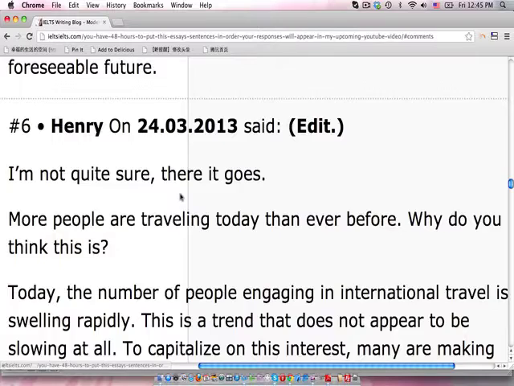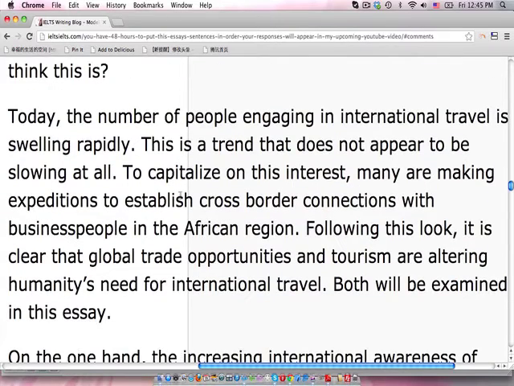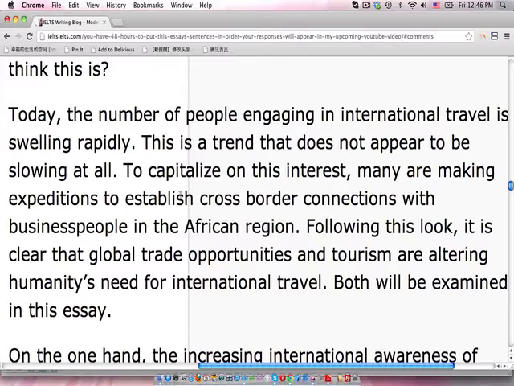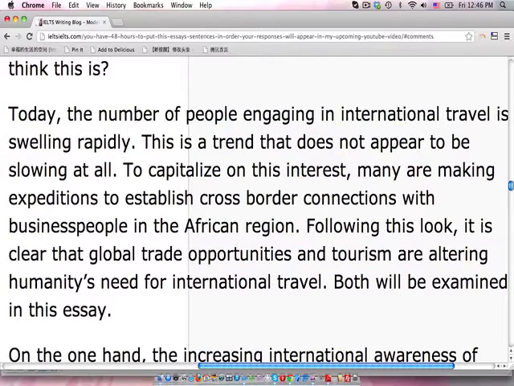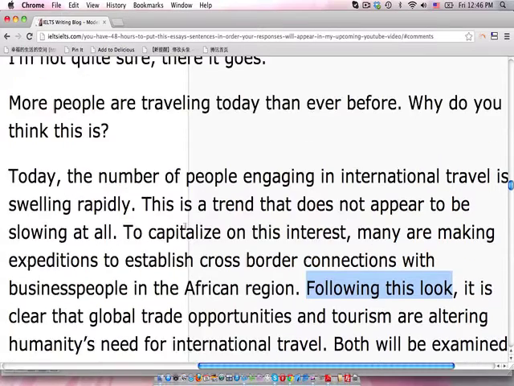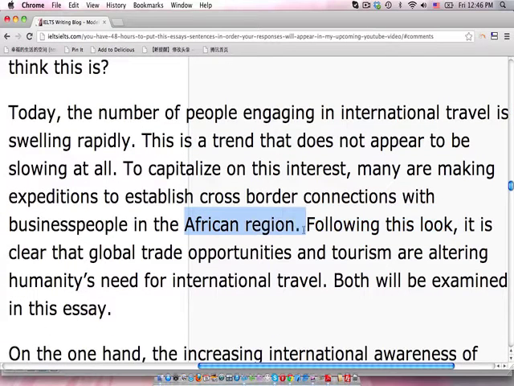Henry, okay. Now, when I was reading through Henry's version, it looked pretty good. But again, following this look, this is conclusive language, and this should not be here in the introduction paragraph. And here, I'm not exactly sure why you would think that something that shares such a specific example would appear in the introduction paragraph.